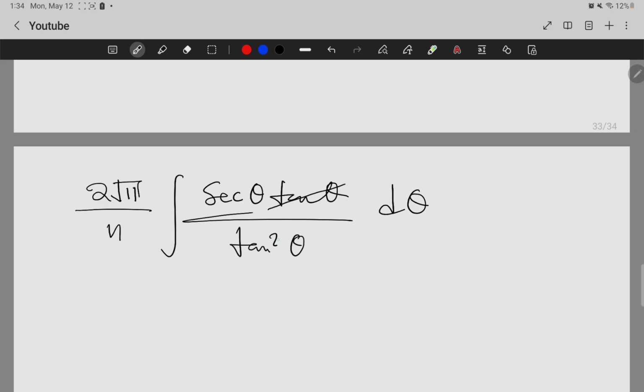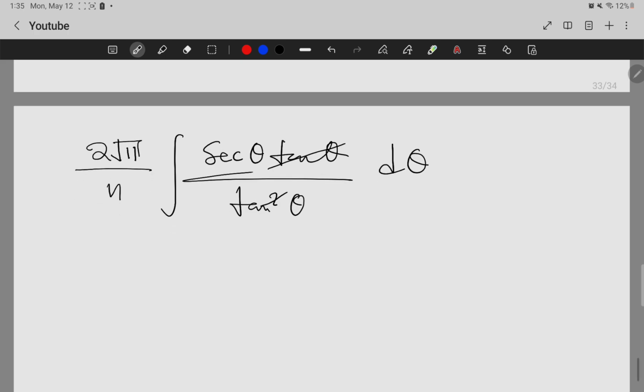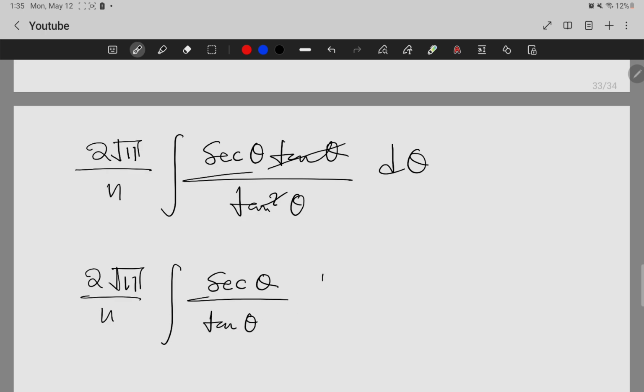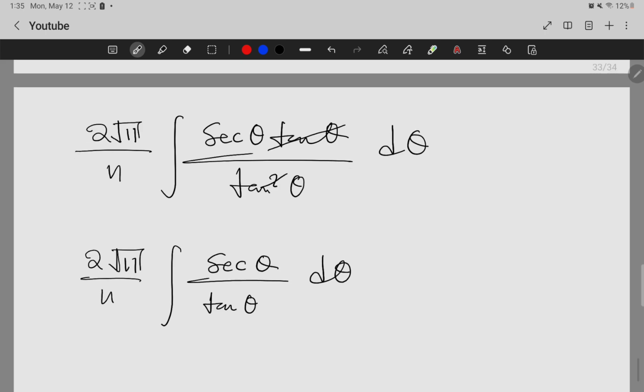The tan squared will cancel with 1 from here, leaving us with 2 root 11 over 11 integral of sec theta over tan theta d theta. So this is what we now have.